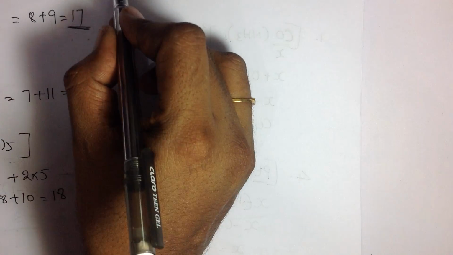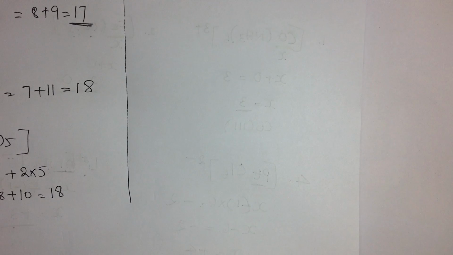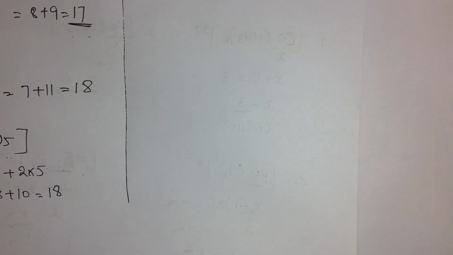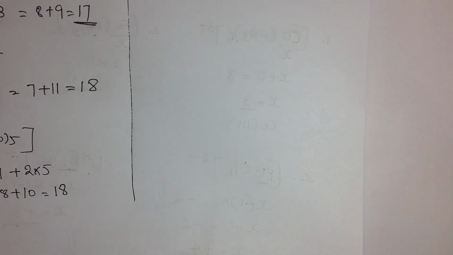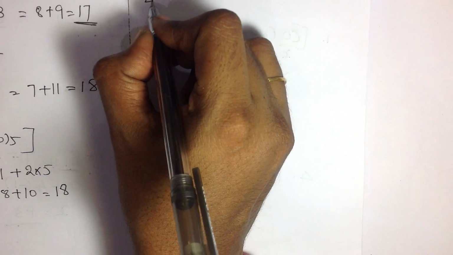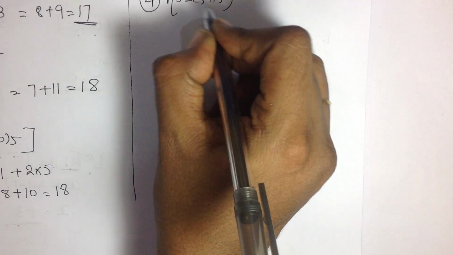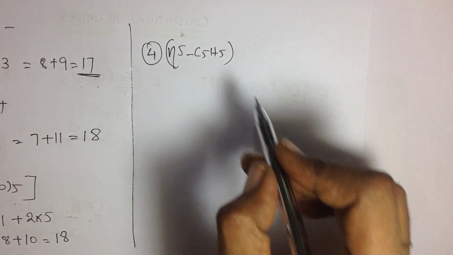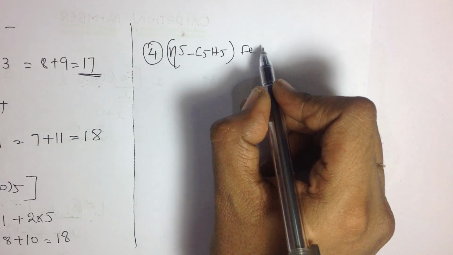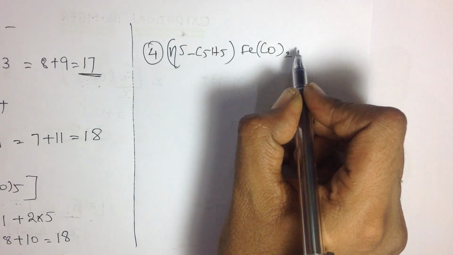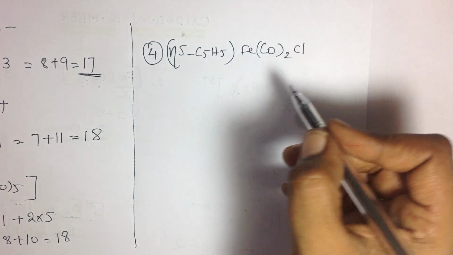Let us see a few more examples. It will be very helpful for you to understand clearly. Eta 5 C5H5, then Fe(CO)2Cl.